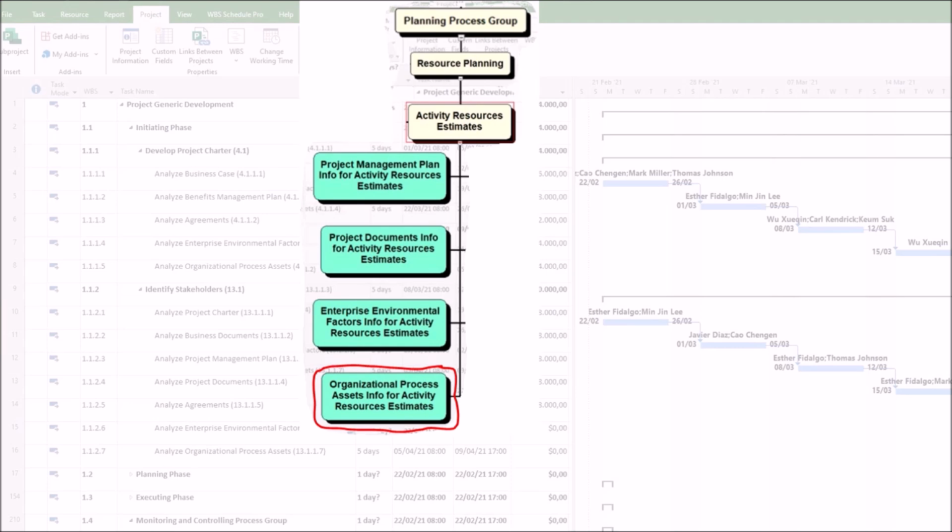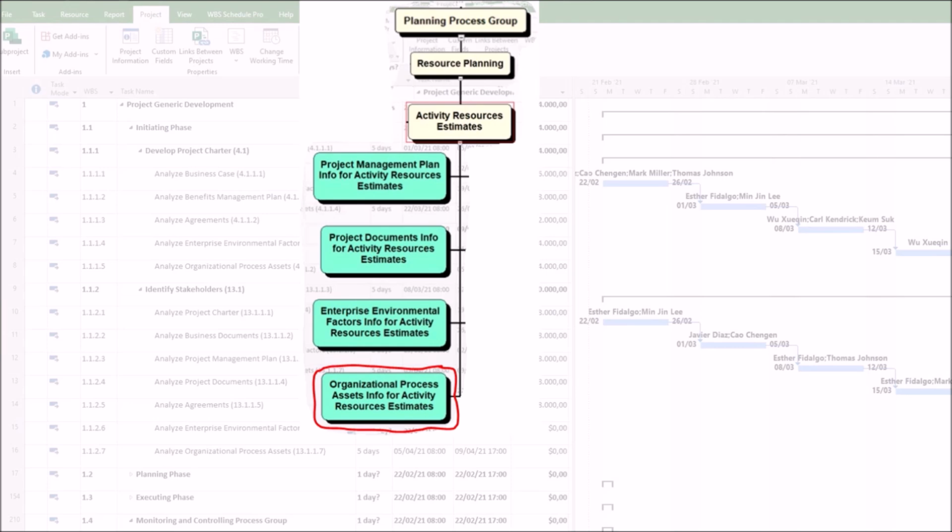To maximize the value of organizational process assets in your project, you can follow this structured approach. First, identify available assets. Before estimating, consult your organization's knowledge base, document repositories, or project management office to find relevant templates, historical data, and policies.